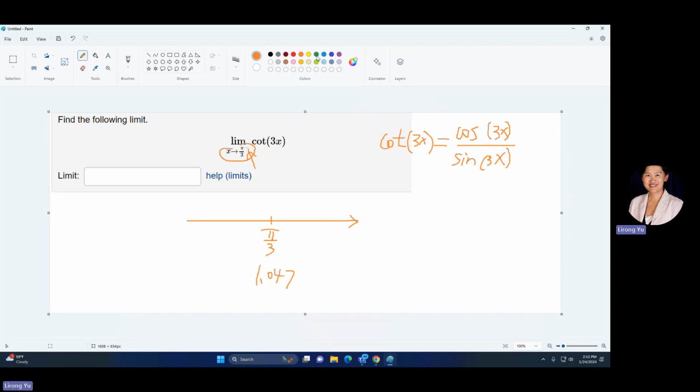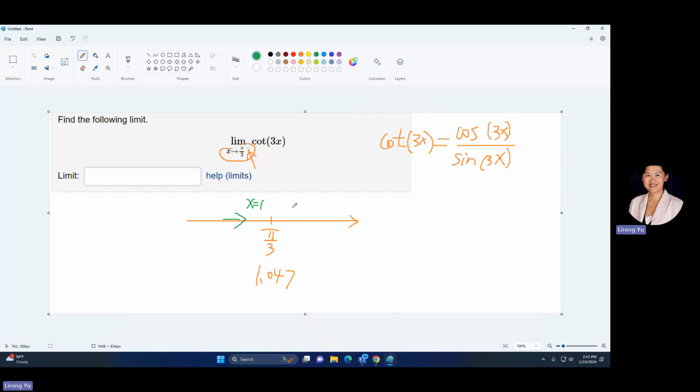If you were to approach it from the negative side, from the left side, you want to use any number that's slightly smaller than pi over 3. Right now, a good number to use will be 1. You make x equal to 1, and that's not equal to 1.047, but it's pretty close. So you can plug in the number to see whether it's positive or negative.